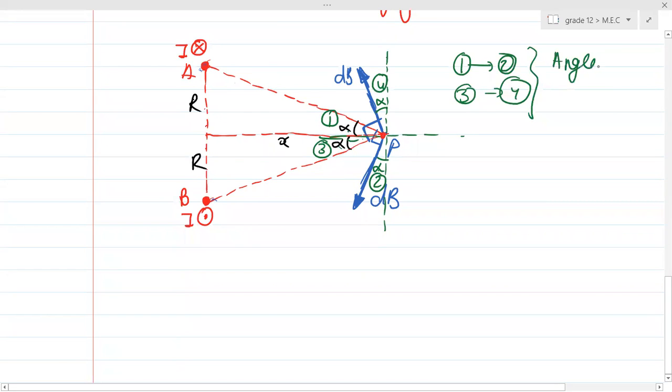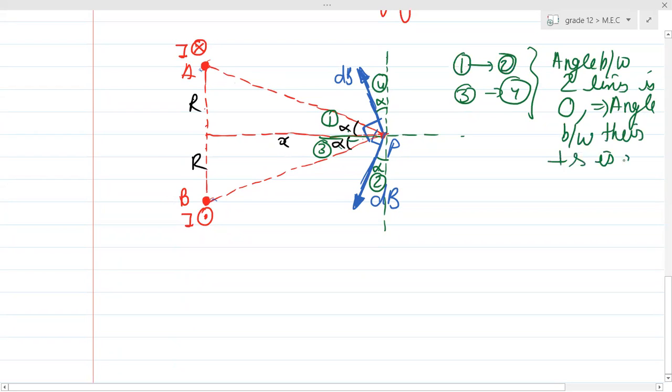Angle between two lines is theta, that implies angle between their perpendiculars is also theta. This was the concept with which 1 and 2 and 3 and 4 got related with each other.